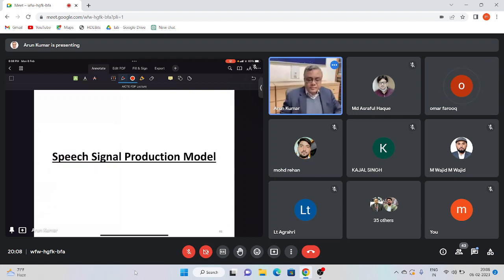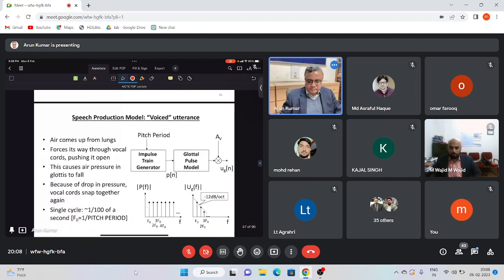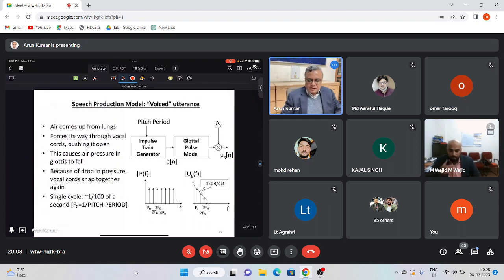Right. So now let us have a brief understanding of the speech signal production model. First we will look at the model for voiced speech utterance.